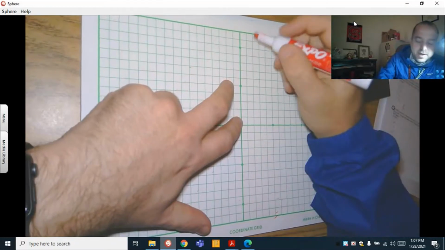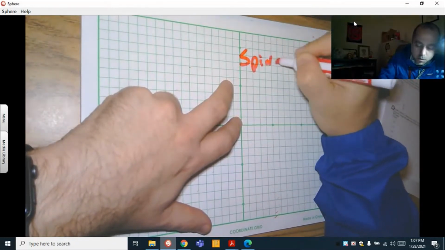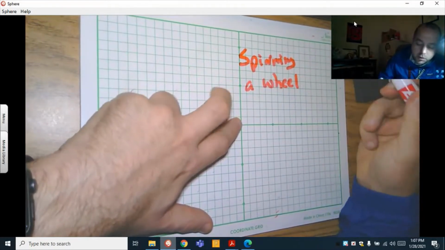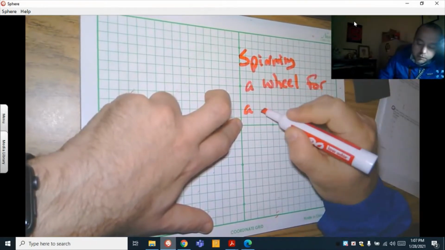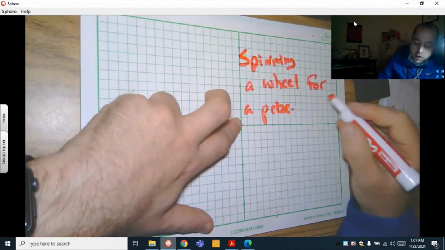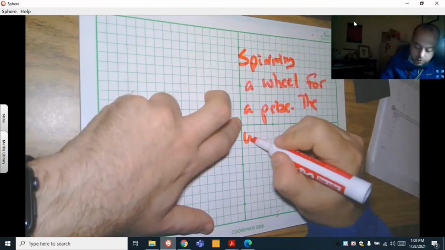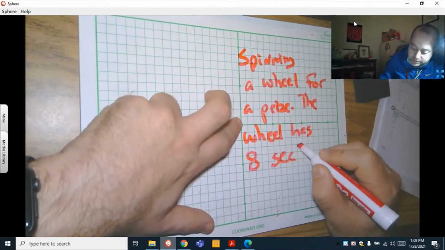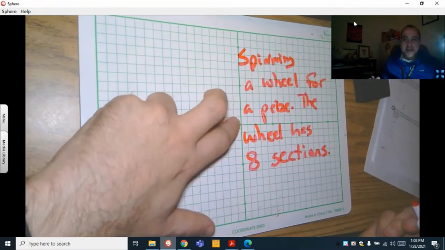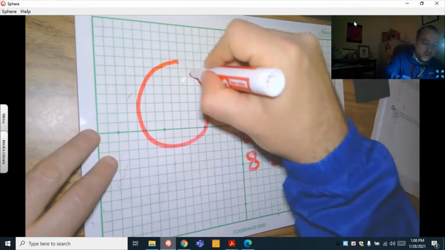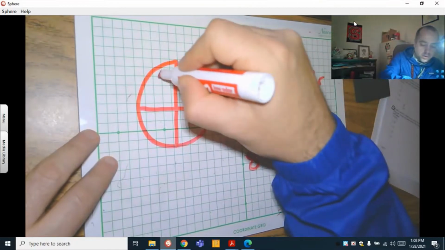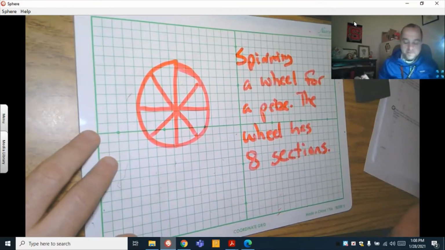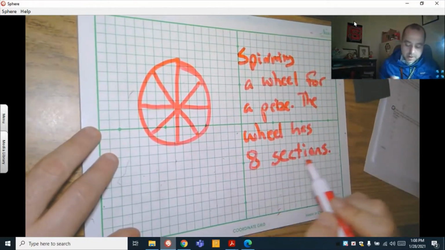Let's say you are spinning a wheel for a prize. The wheel has 8 sections, like this, right? Got a big wheel. It's got 8 sections.